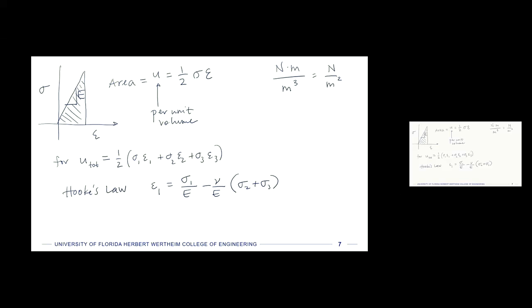This was our basis for saying that there can be strain in other directions besides the direction that stress is applied. And then we can write the same thing down for the different dimensions of strain here. We're going to combine these and put them into this equation, so we only have it in terms of stresses and elastic modulus. I'll write that on the next slide.